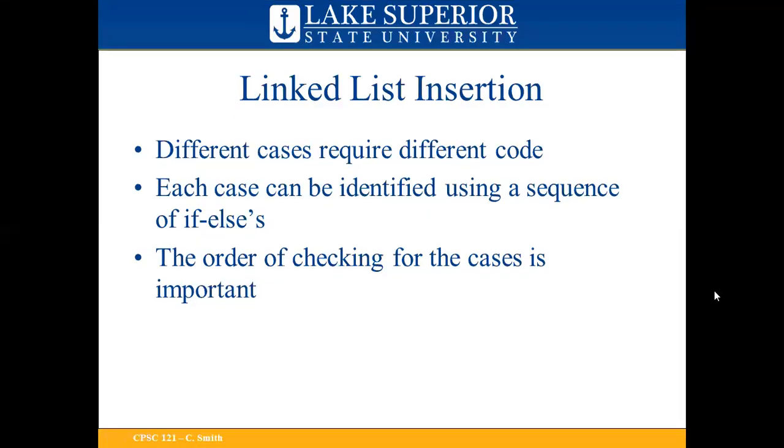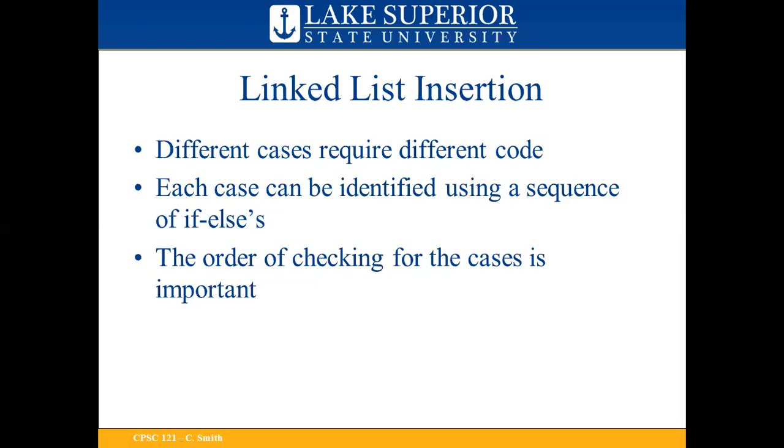Okay. Now, linked list insertion has different cases, and each case requires different code. Each case can be identified by using a sequence of ifs and elses. Now, the order in which you check for each of these cases is important because you have to take care of some cases before others.